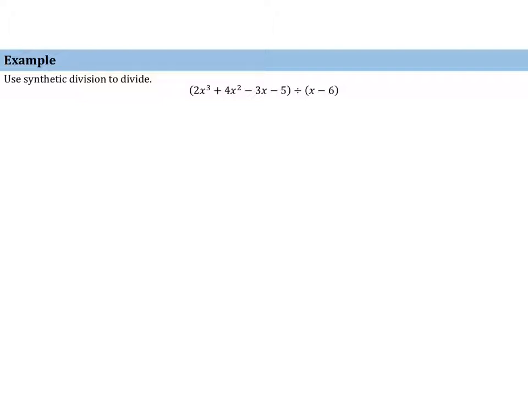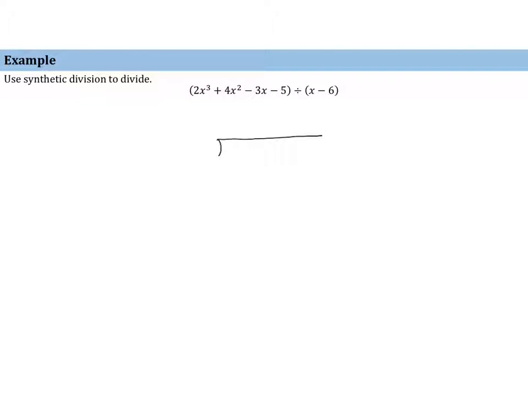So the way we set up our synthetic division problem is to set up 3 rows. So the dividend corresponds to the numbers underneath this division symbol.